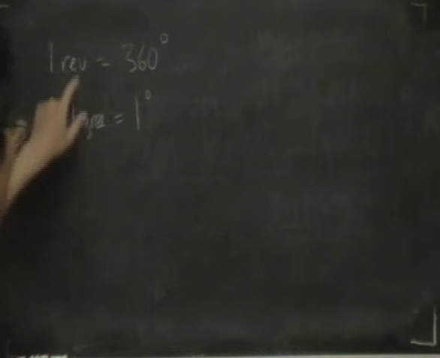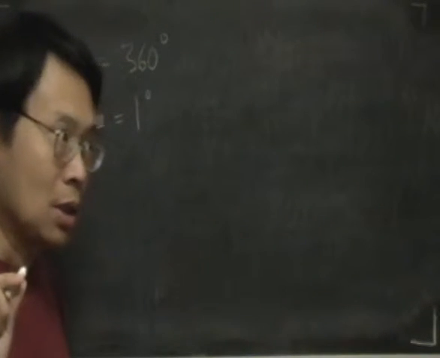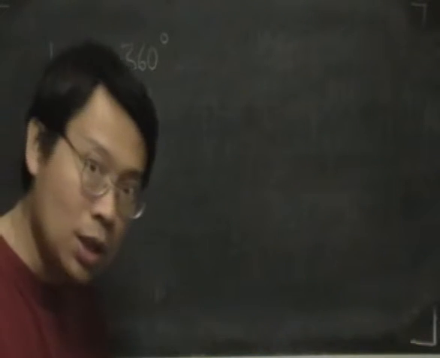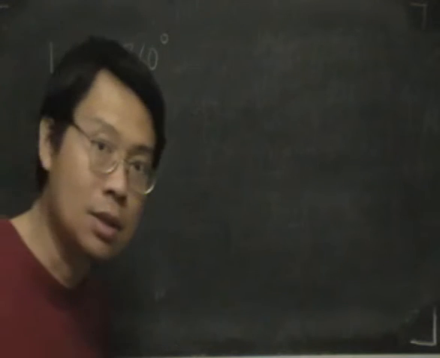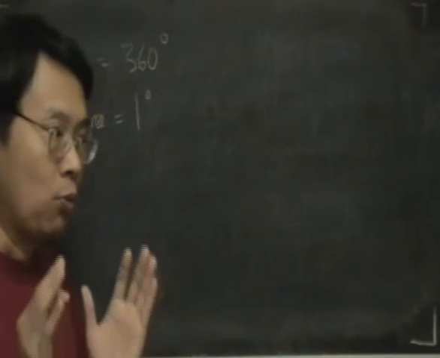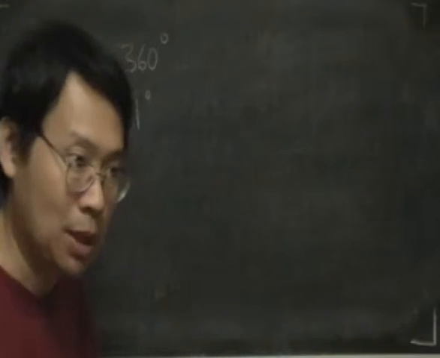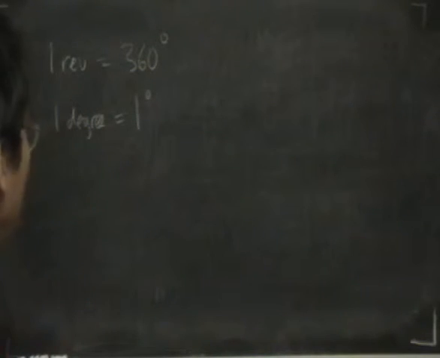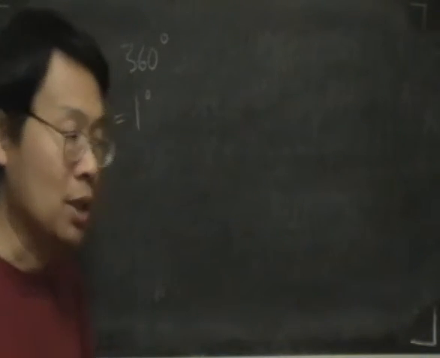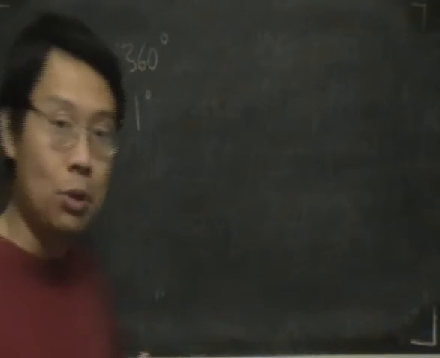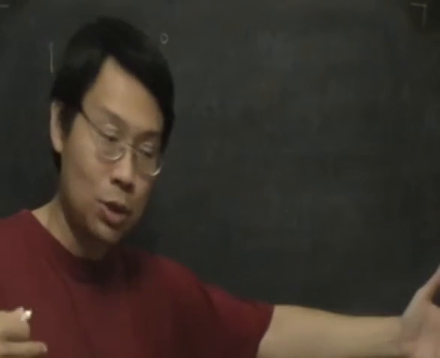We can think of revolution also as a unit. Now there is a smaller unit of angle, a unit that is smaller than the degree. For very accurate measurements that people sometimes have to do with angles, they have to use units that are smaller than a degree. It's like if you want to measure length, you can have the meter. So 1 meter is about this long.